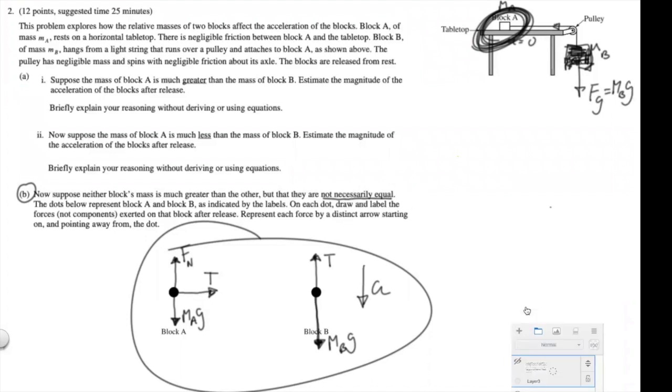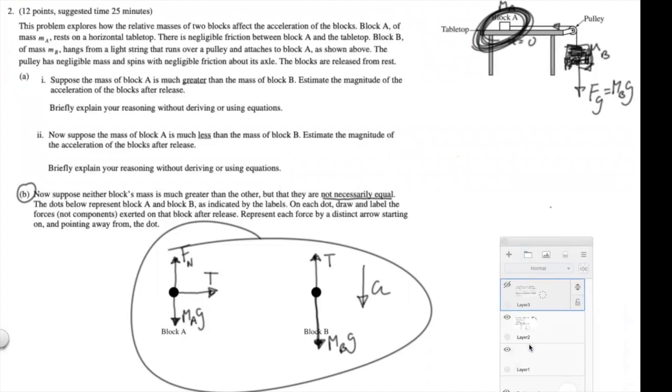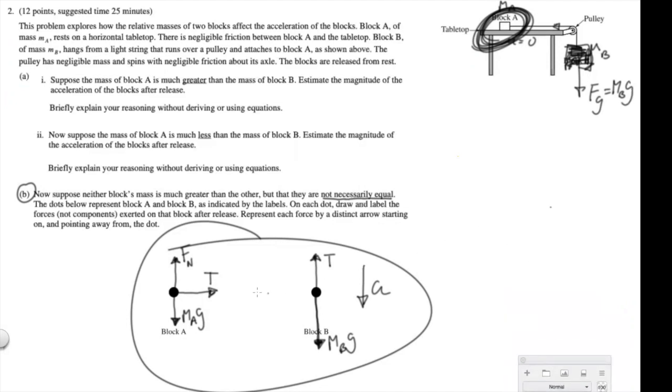Okay, so let's look at our force diagram. We're going to look at block A, and we're going to sum forces in X. We could sum forces in the Y, but it's not going to matter.